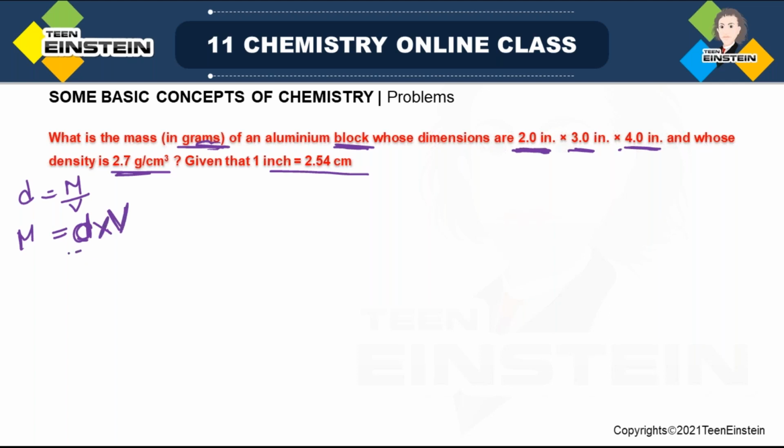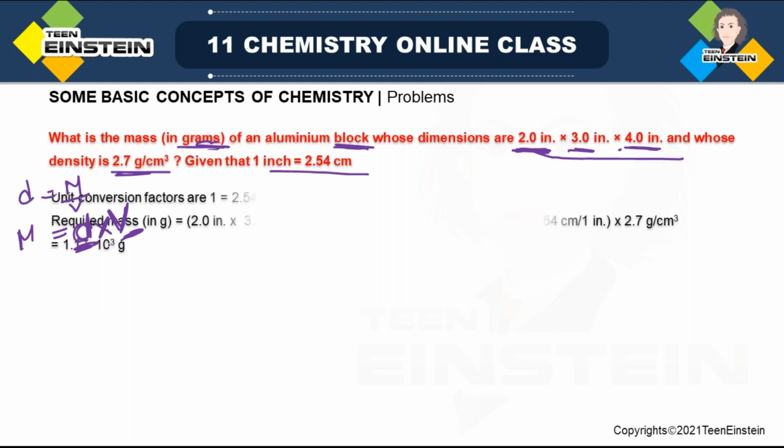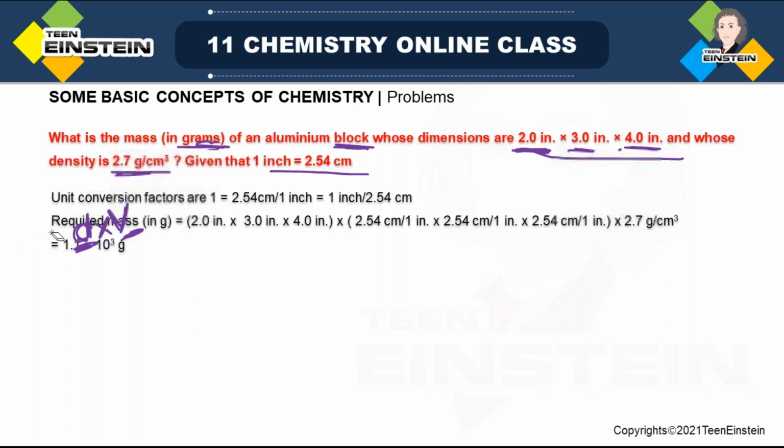Now density is given in terms of gram per centimeter cube, but when you multiply all these three dimensions, you will get inch to the power 3. But you have to convert that to centimeter. Then only the unit of density and unit of volume will match, right? So that is why the calculation will be like this.